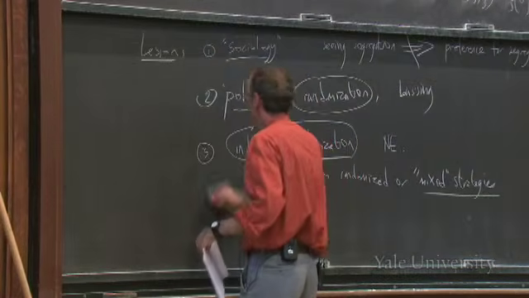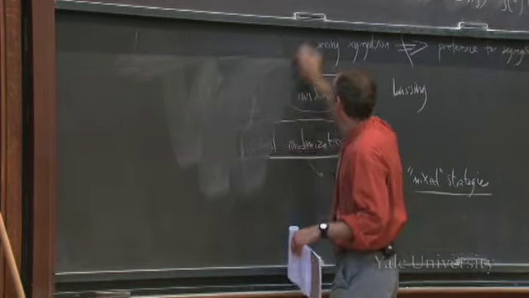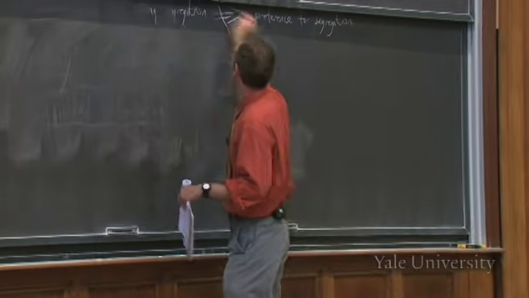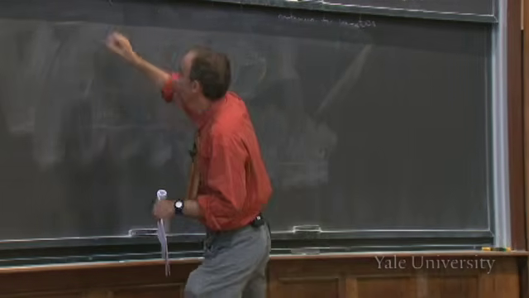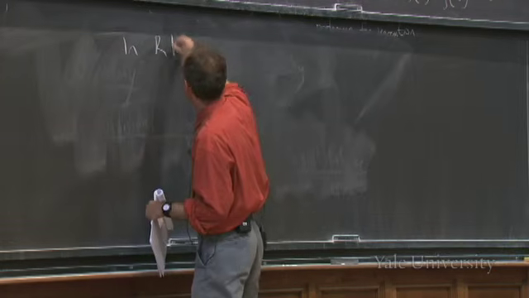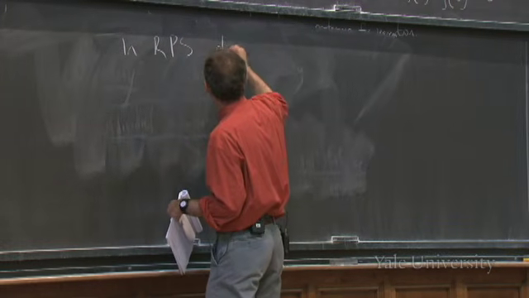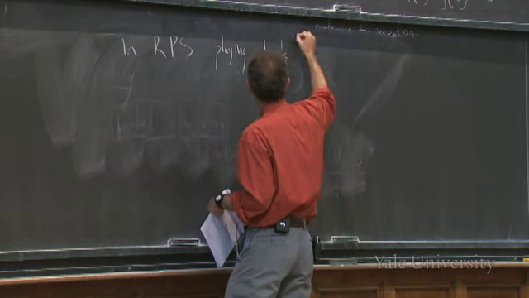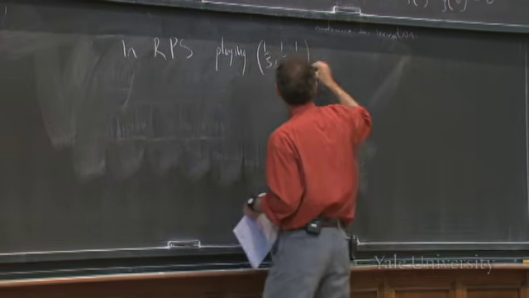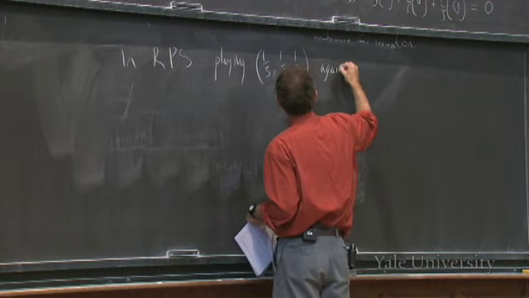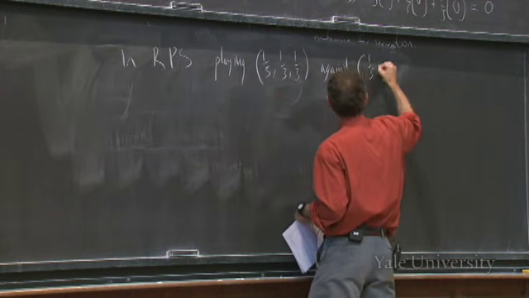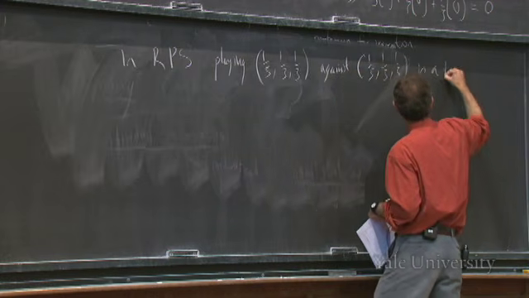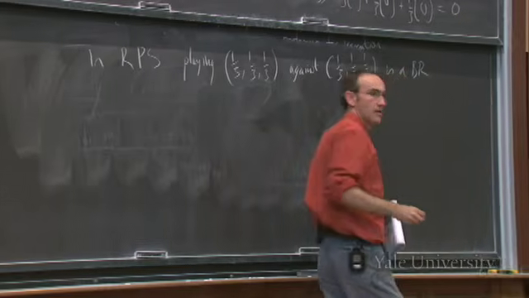What we've shown is, in rock, paper, scissors, playing a third, a third, a third against the other guy playing a third, a third, a third, is a best response.